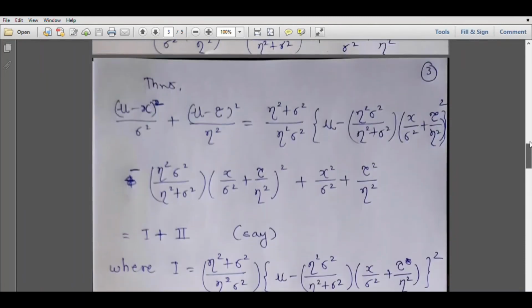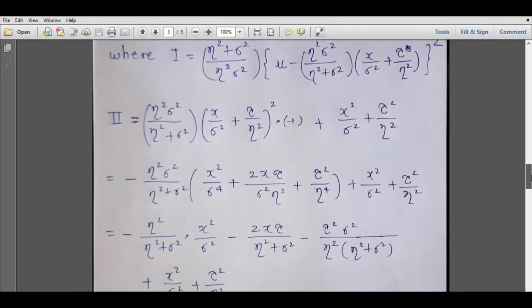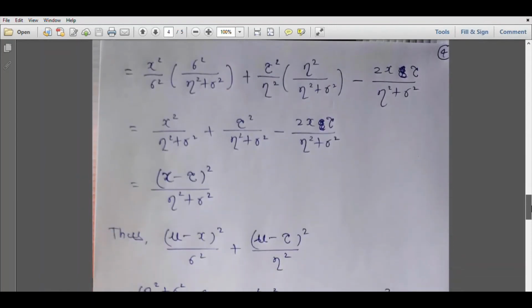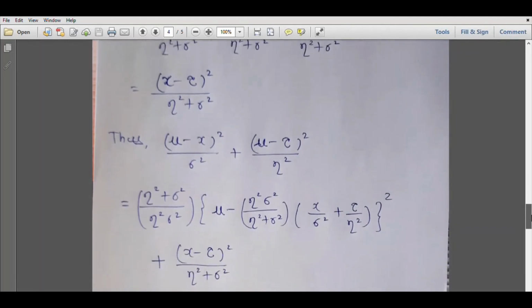So we were here in this setup. Here the first term was already a square term, and now all these terms after simplification are again giving a square term. So finally this gets simplified like this.